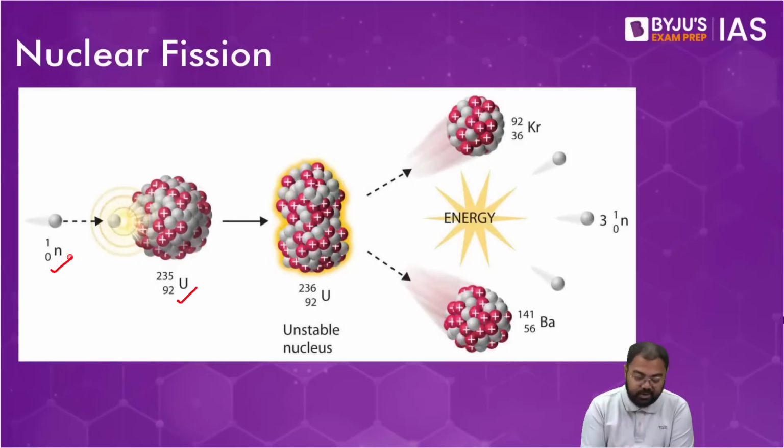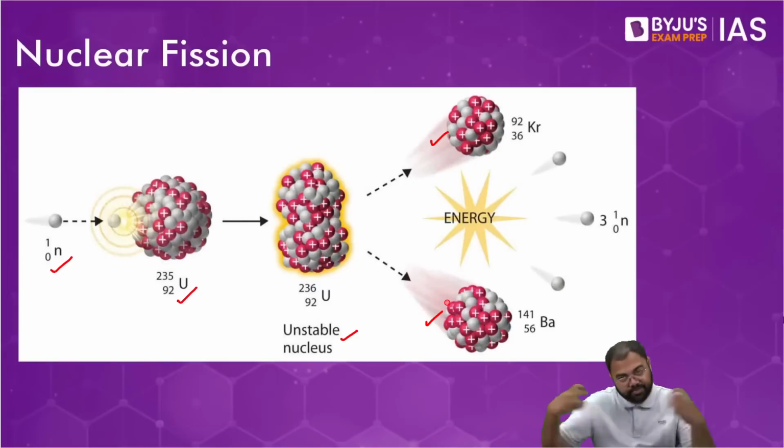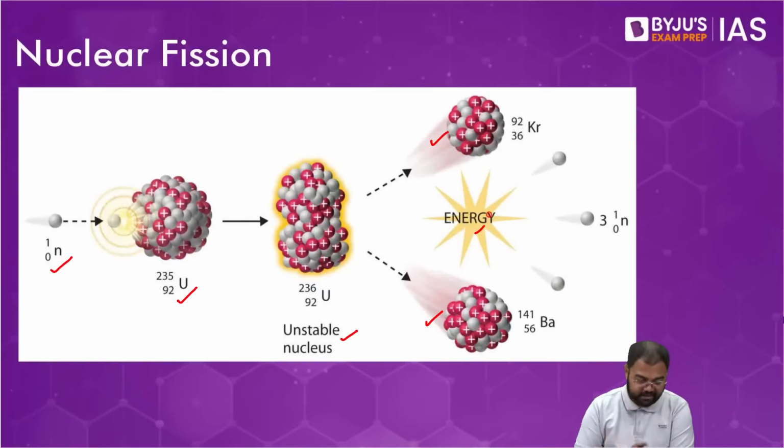This extra neutron goes and sticks to the surface of uranium 235, and then it becomes uranium 236, which is unstable. Now this breaks into two parts. Because it was unstable, it just breaks into two parts, releasing a lot of energy. So this is what is being shown here.